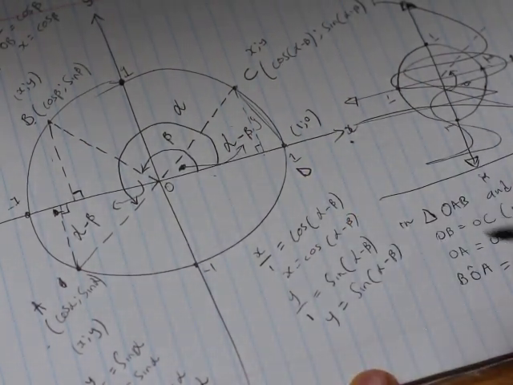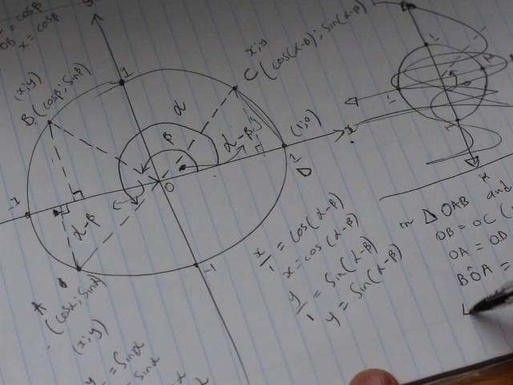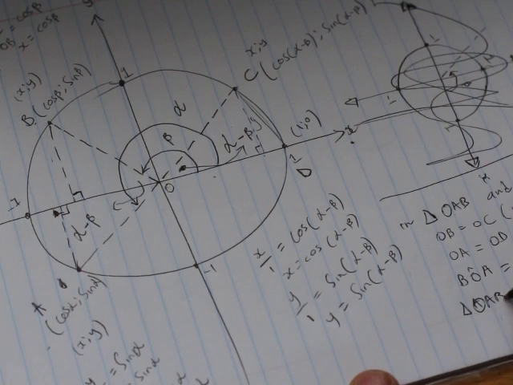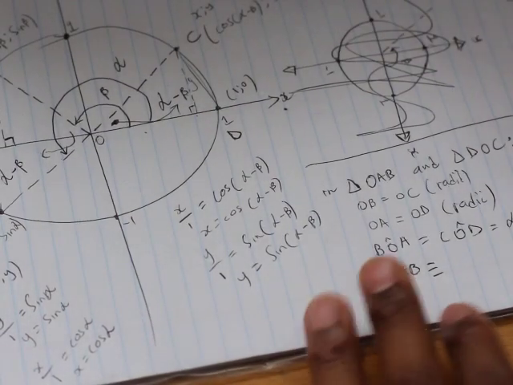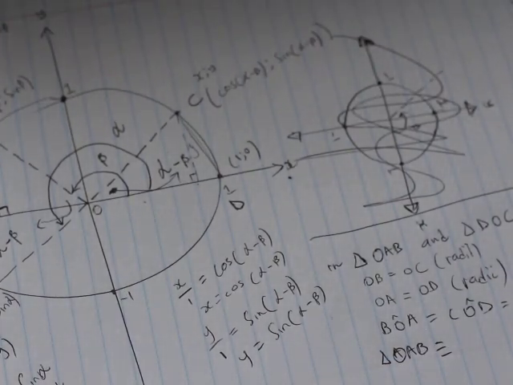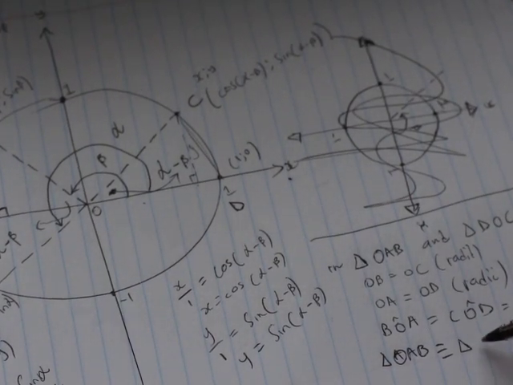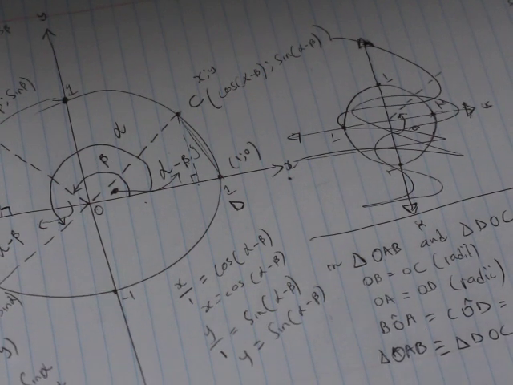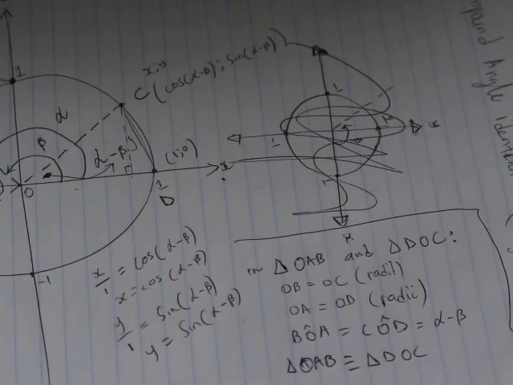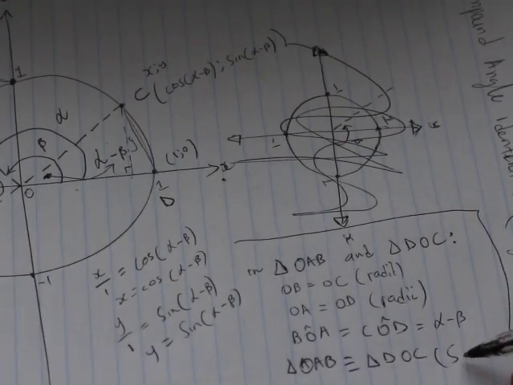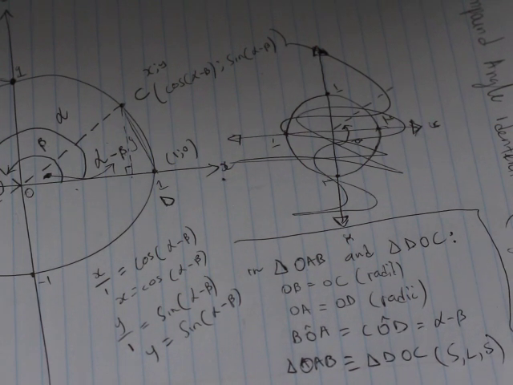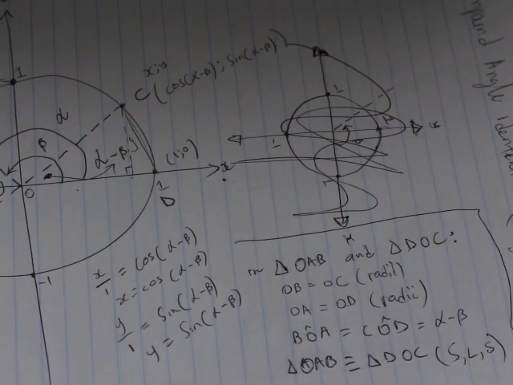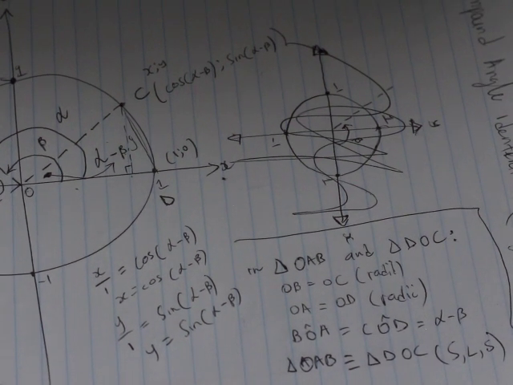So therefore triangle OAB is congruent to what? Triangle DOC. What is the reason for that? We've got side, angle, side. So two sides are equal, and one pair of angles is also equal.